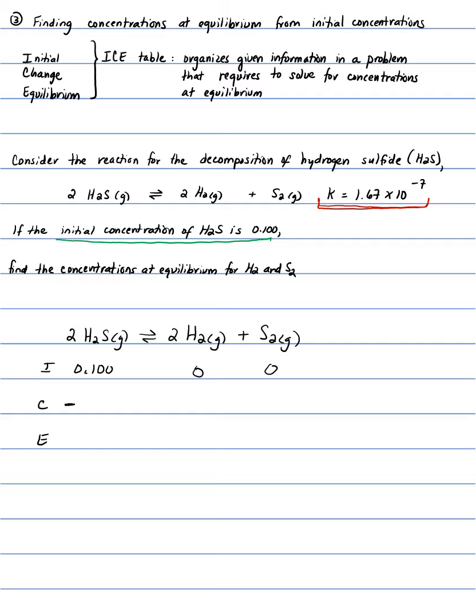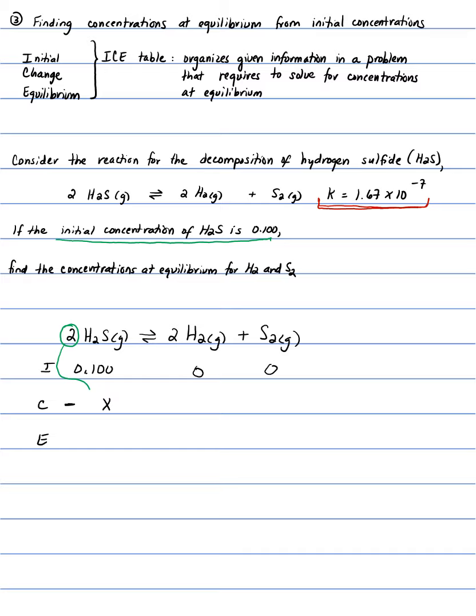That's what we're trying to find out. So since we don't know by how much that concentration is going to be changing, I'm going to put an X. So my initial concentration for the reactant, we know it's going to decrease over time because it's a reactant. We don't know by how much, so since we don't know an actual number, I'm using X. Now, another thing, for that hydrogen sulfide in your reaction, you have 2 moles.